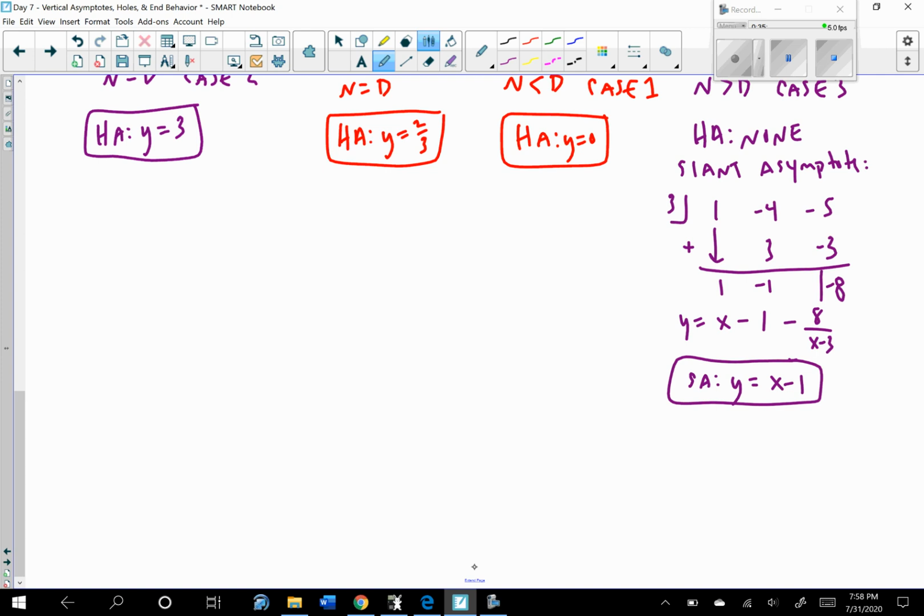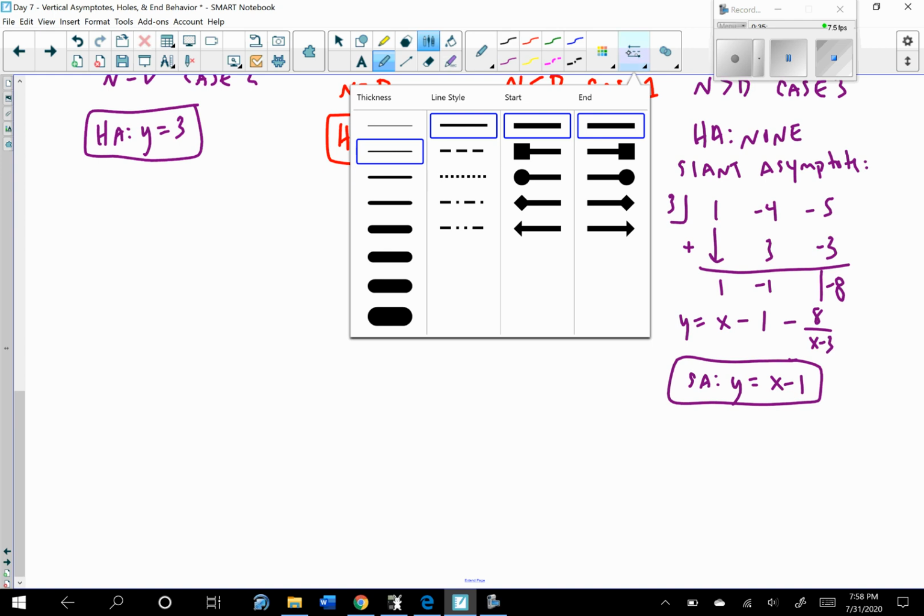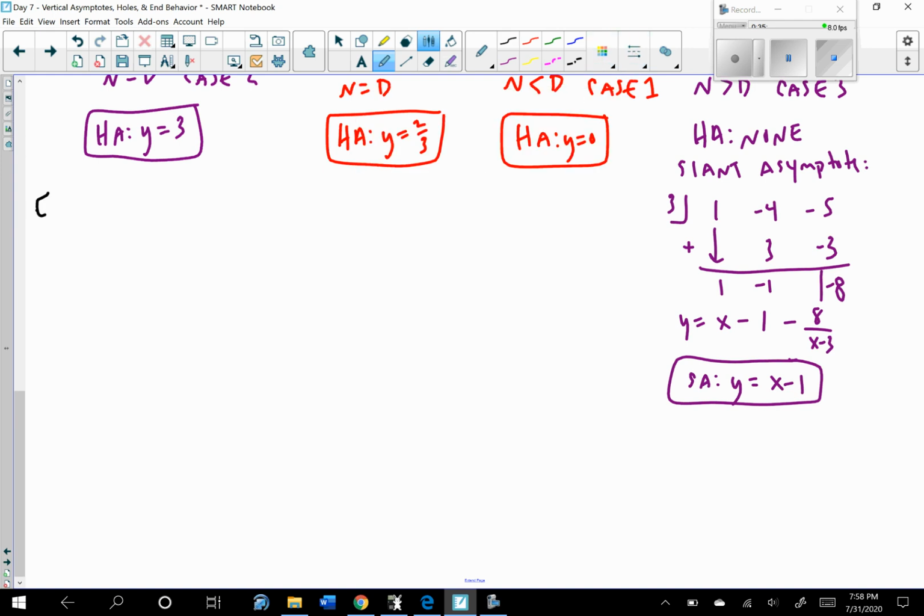So we can use our asymptotes to help us write out the end behavior. So that's the next thing we're going to do, is write the end behavior. So the end behavior follows your asymptotes. So this would mean as x approaches either positive or negative infinity, your y values are approaching the horizontal asymptote of 3 because it follows along your asymptote.